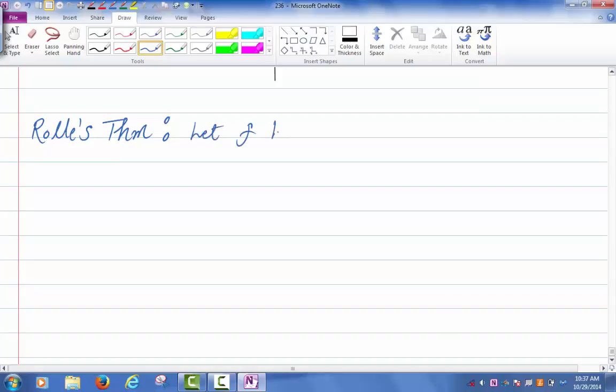Let f be a continuous function on an interval from a to b. This is a closed bounded interval.